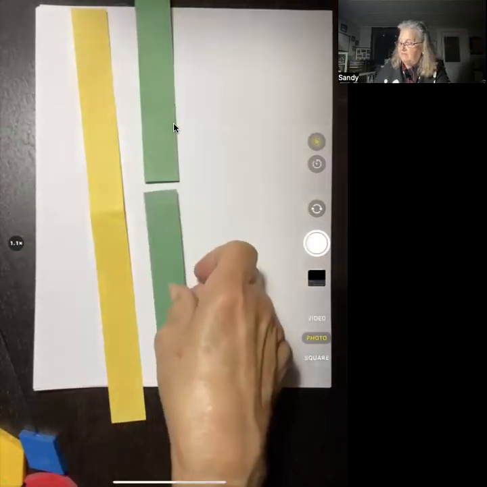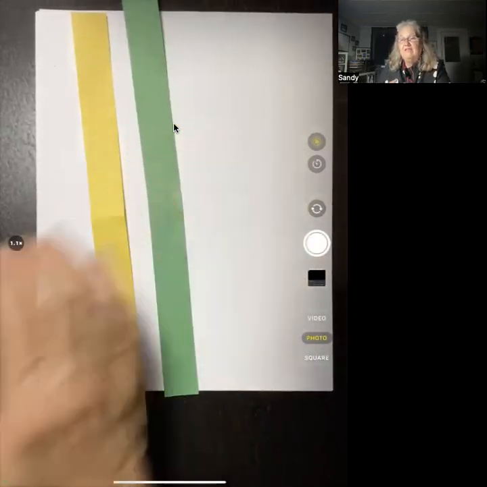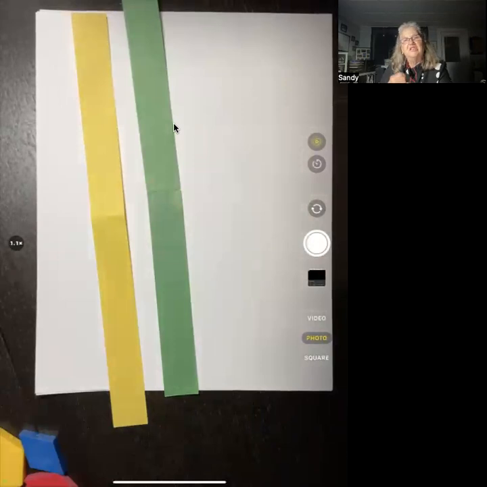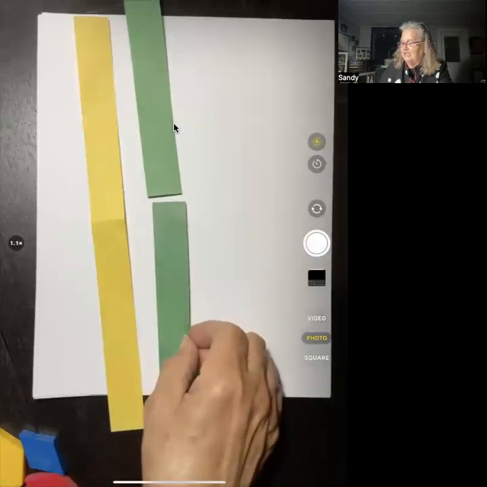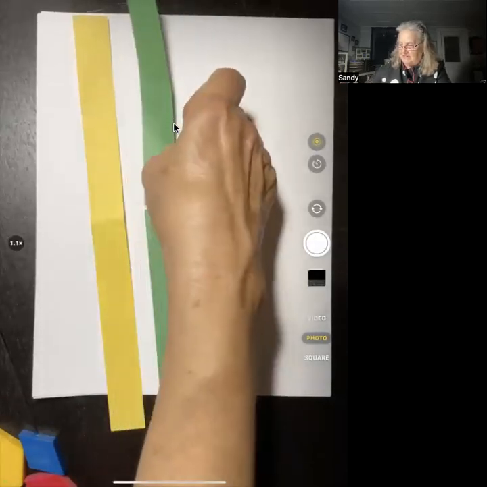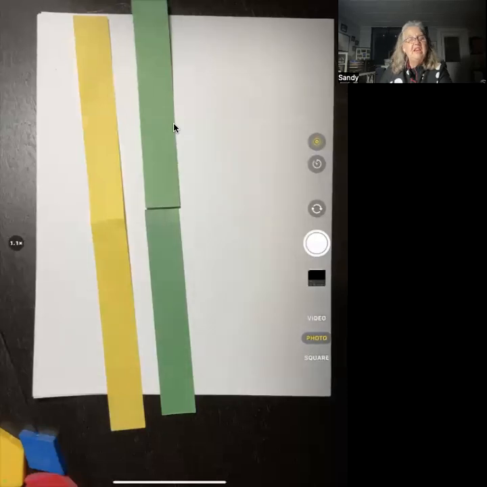Okay. Now, one of the things I've learned is it's important for your children to kind of have that struggle with making the fractional whole. So if you notice what I said, fold it into 2 equal pieces, and they use the whole strip. And it may take them a couple of tries.